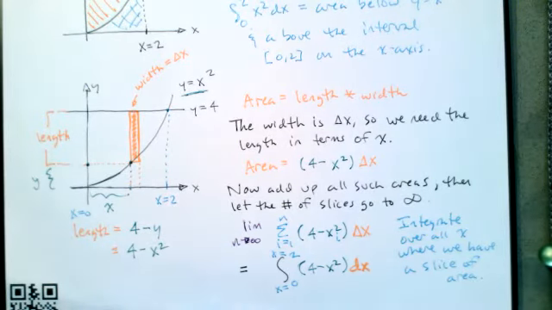So we integrate over all the x's where we have a slice of area. And that's from 0 to 2 in this case. Any questions?